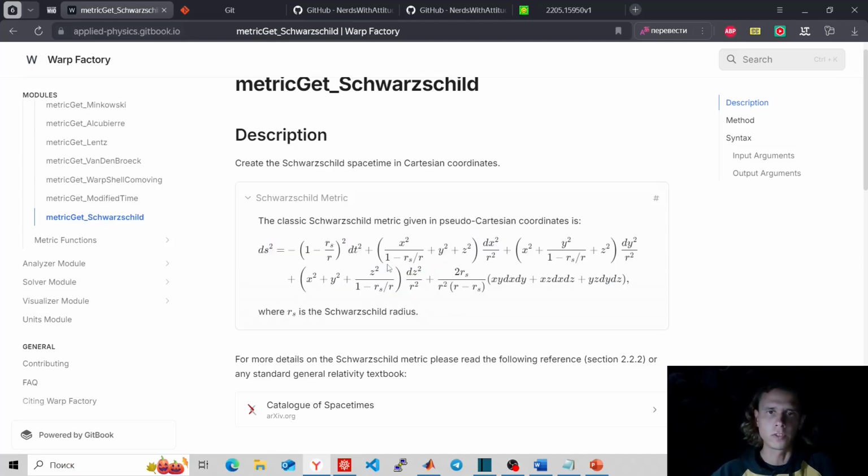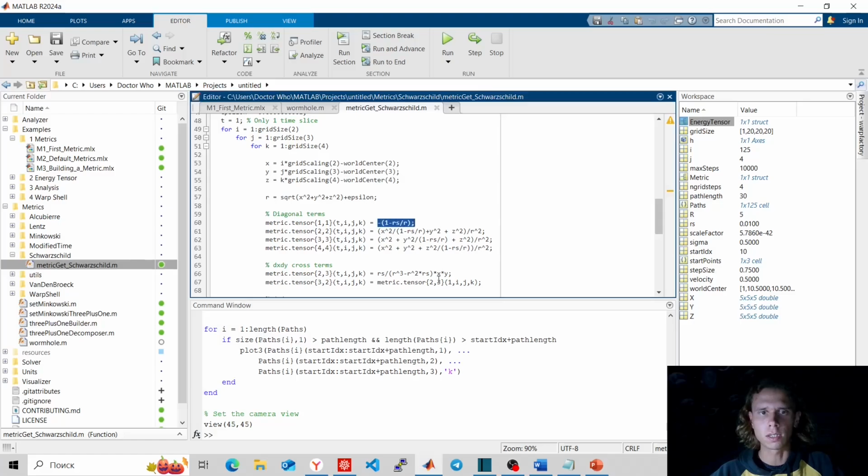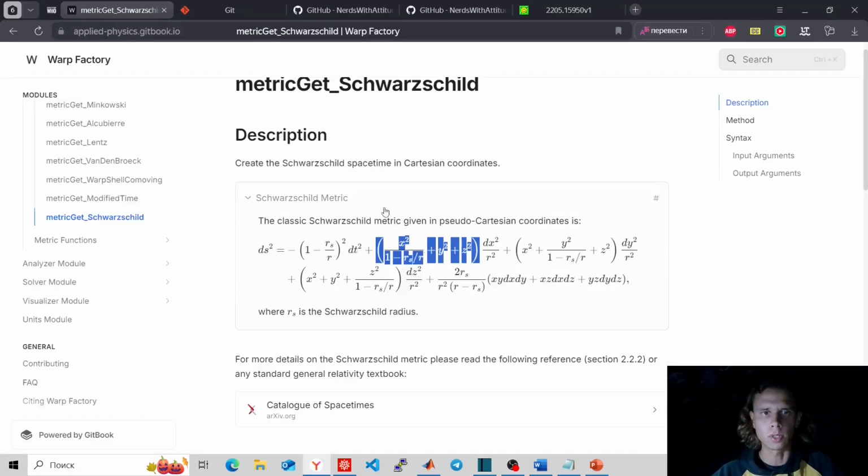It's more difficult than in spherical coordinates, and all of these values are in this code. So for example, this is the 00, tt, g_tt component. It comes from here.